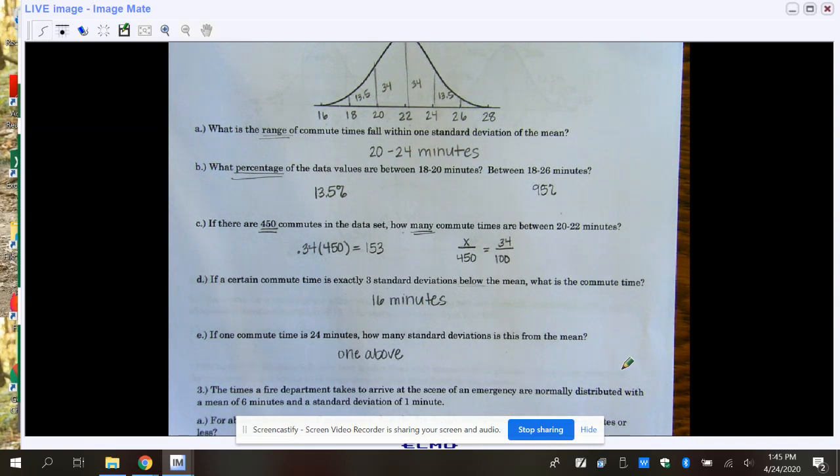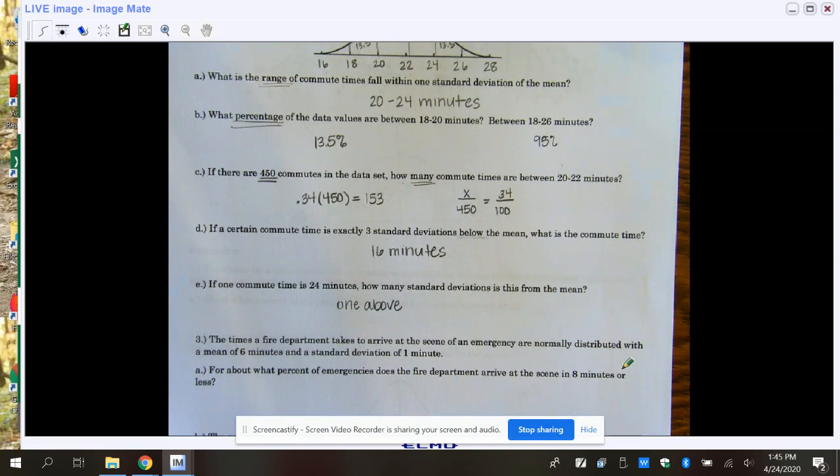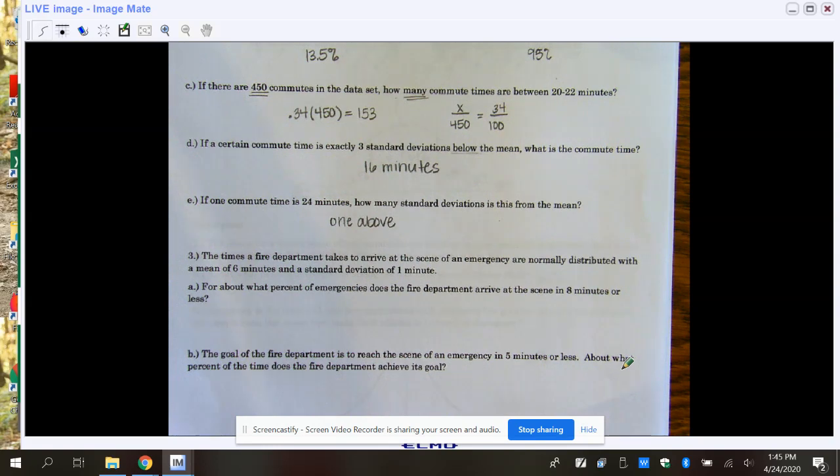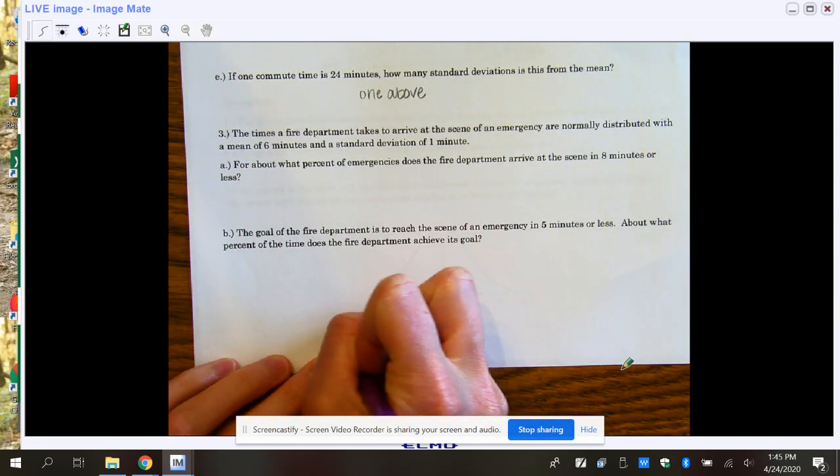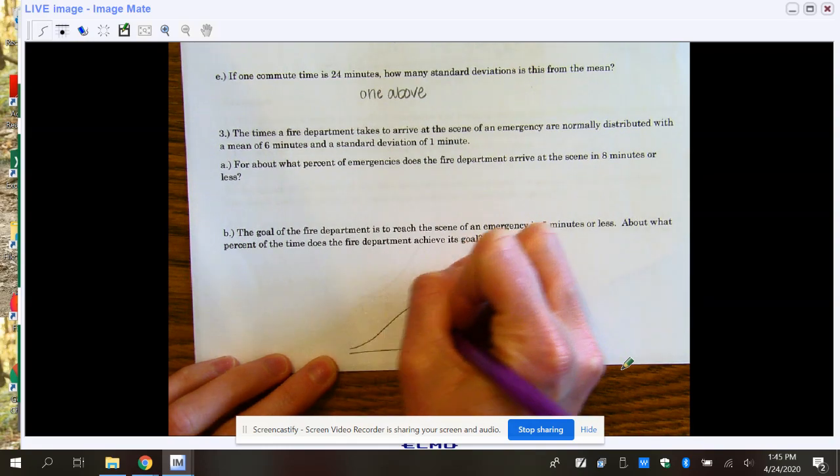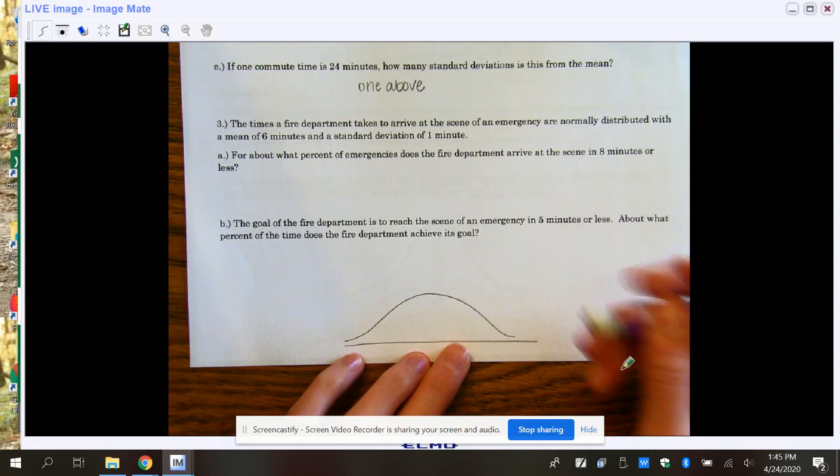Alright, so last example, now we're going to draw our own curve from start to finish again. So this is the time a fire department takes to arrive at the scene of an emergency are normally distributed with a mean of 6 minutes and a standard deviation of 1 minute. So you always start by drawing your curve.